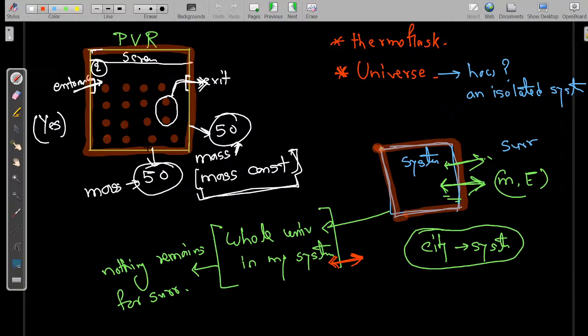So at any time, if I ask you to tell me the number of persons inside the PVR, किसी टाइम पे मैंने आपसे पूछा कि कितने लोग इस पीवीआर के अंदर बैठे हुए हैं एट दैट पर्टिकुलर इंस्टेंट. ओके. व्हाट यू कैन नॉट टेल. व्हाई? बिकॉज जैसे ही आप इधर से काउंट करना स्टार्ट करेंगे, इफ यू वांट टू काउंट द नंबर ऑफ पीपल, कंटिन्यूसली कुछ पर्सन अंदर आ रहे हैं और कंटिन्यूसली यहाँ से कुछ लोग बाहर चले जा रहे हैं. तो मे बी जिसको आपने काउंट किया वो बाहर चला गया और कुछ और लोग अंदर आ गए. सो एनी टाइम यू कैन नॉट टेल कि दिस नंबर ऑफ पर्संस आर इनसाइड दिस सिस्टम.